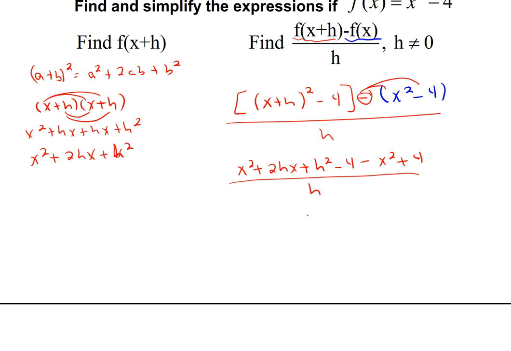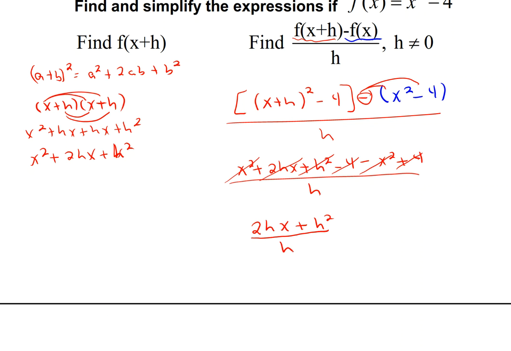All right, so I have 1x squared, and then I have minus 1x squared. Those cancel each other out. I have 2hx. Don't have anything to combine that with, so I'll just bring it down. I have plus h squared. And then I have minus 4 and plus 4, so they cancel each other out.